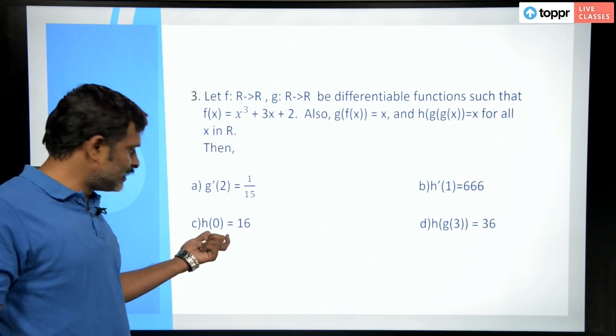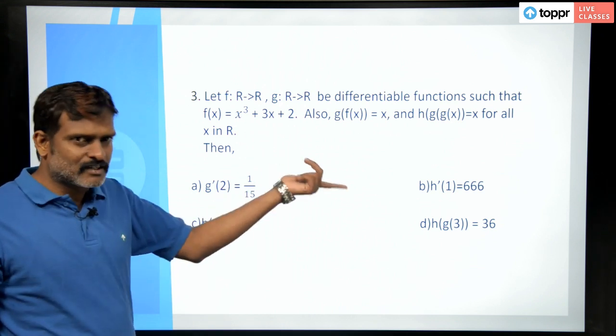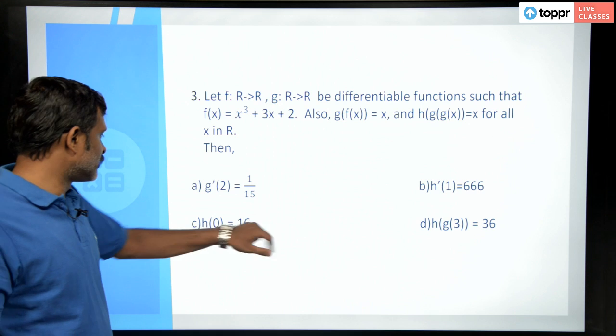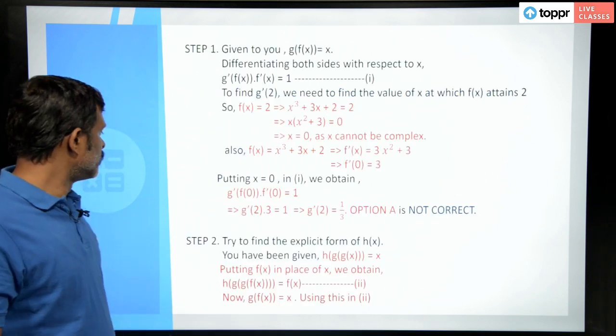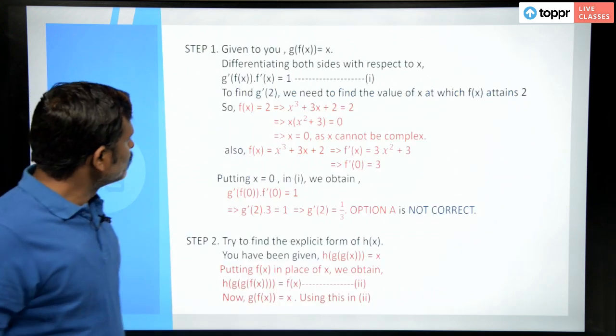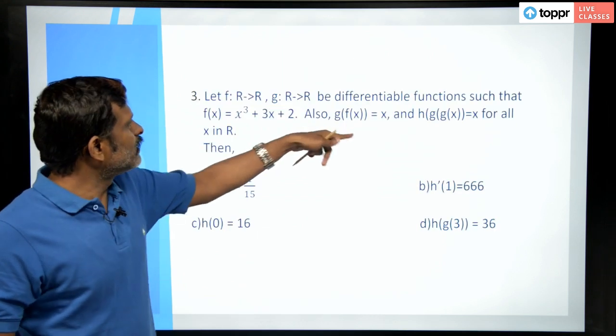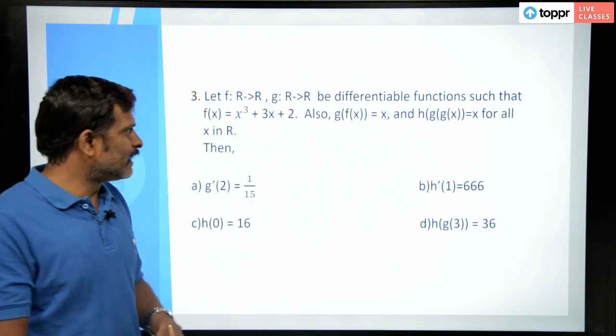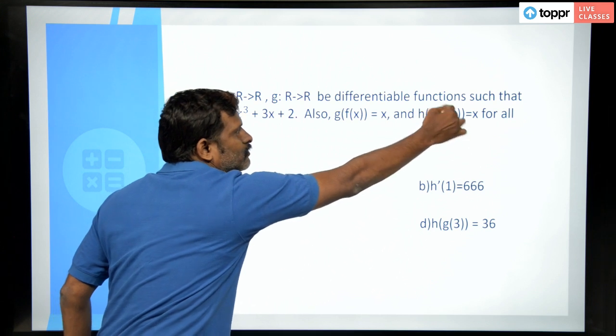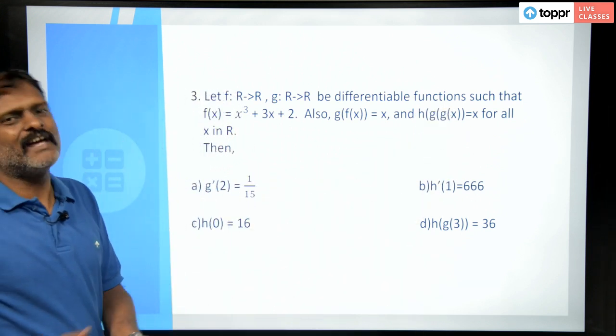I think it is easier to find h of x before h dash of 1, because anyways we are going to find h of x, right. So, let us see which one we will get first. What we are trying to do is get the function h of x explicitly, eliminating all these so we get it in the variable x.